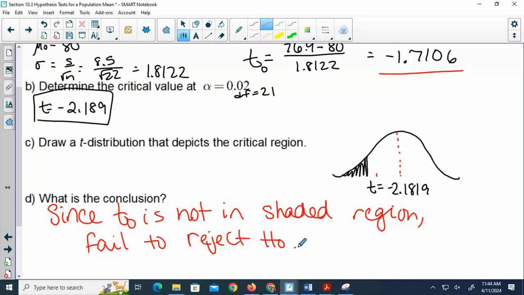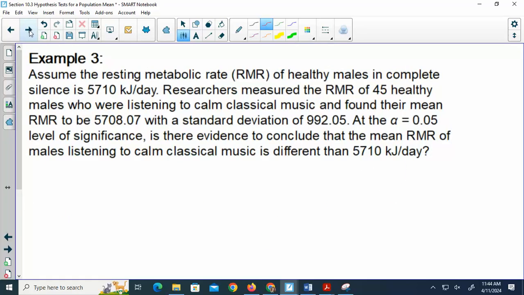Let's look at another example. Assume the resting metabolic rate, or RMR, of healthy males in complete silence is 5,710 kilojoules per day.